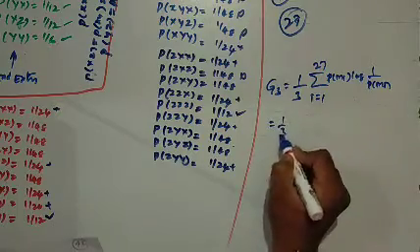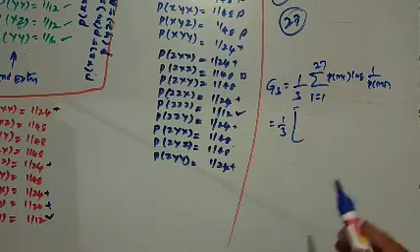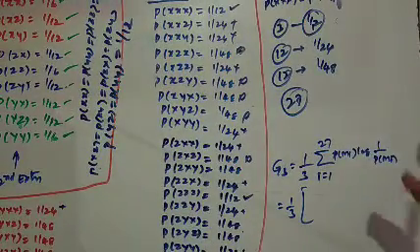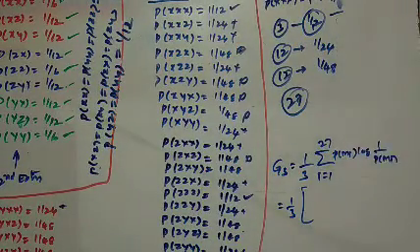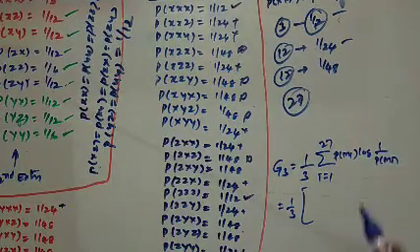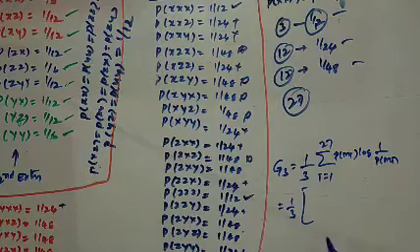I will take 1 by 3 outside. Here we have 3 with 1 by 12 probability, 12 with 1 by 24 probability, and 12 with 1 by 48 probability.